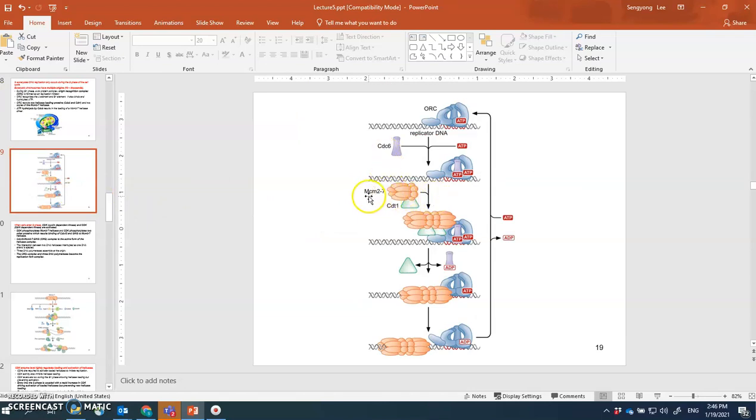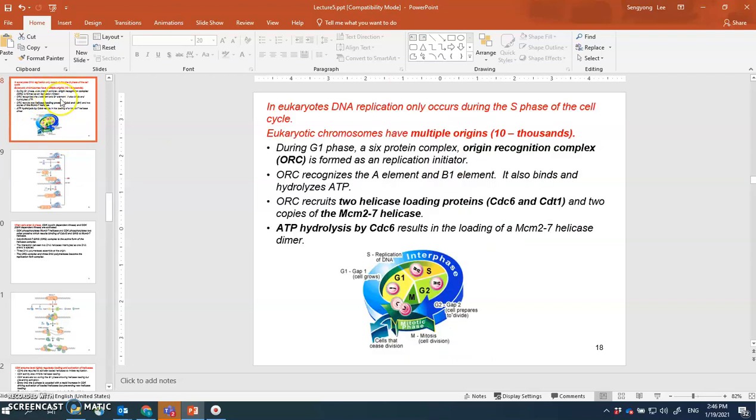So MCM2-7. CDC6 is described here, and it binds ATP. Then these two proteins, MCM2-7 and CDT1, are the helicase complex that's formed during the G1 phase.